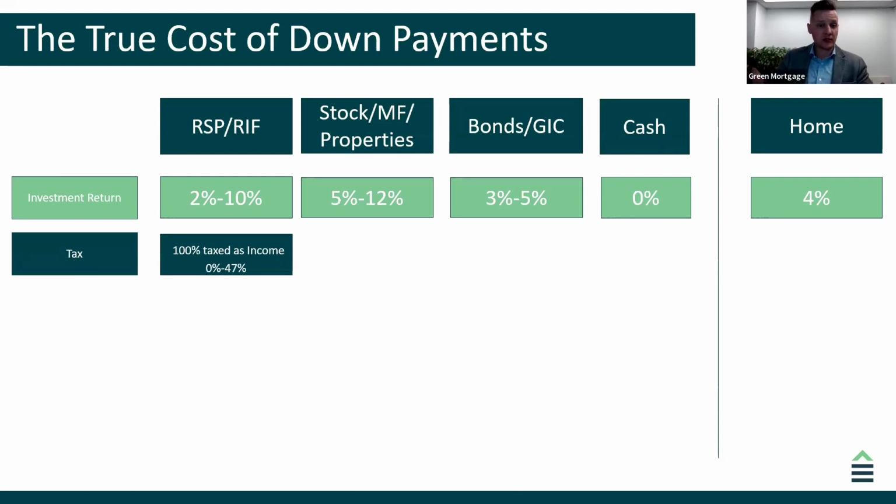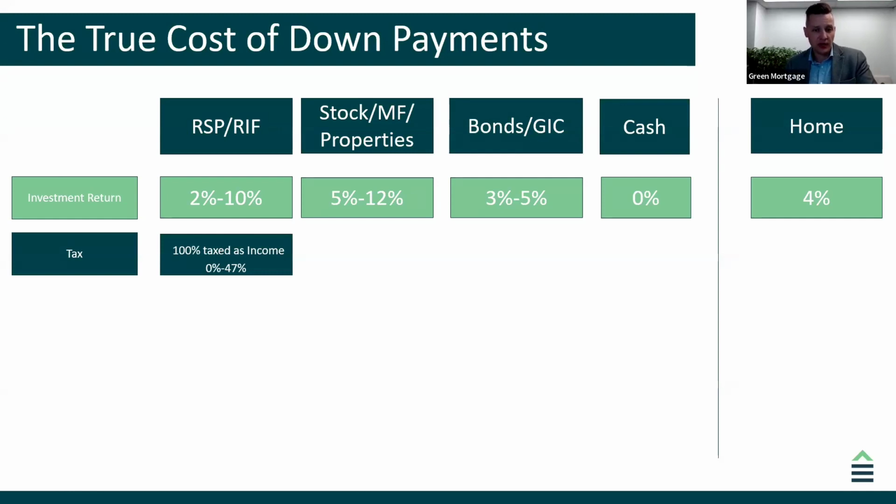You might be earning an investment return on your RSP or RIF, or investing in stocks, bonds, GICs, or even cash. Or if you have equity in your home, in general you're looking at a home value appreciation of, let's say, 4% per year. All of that has a cost to it.